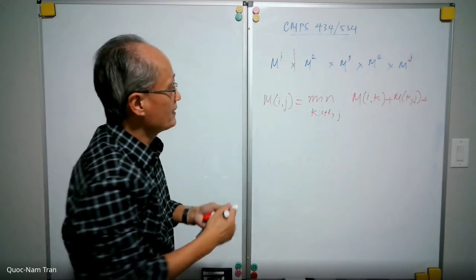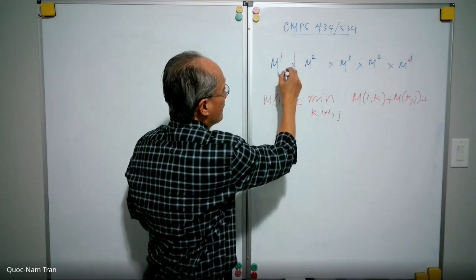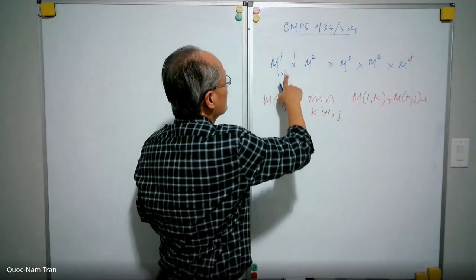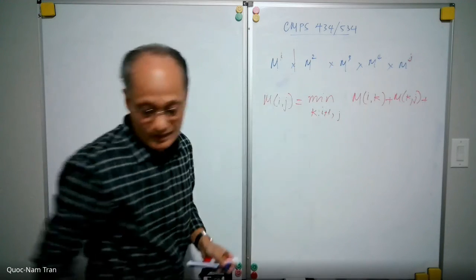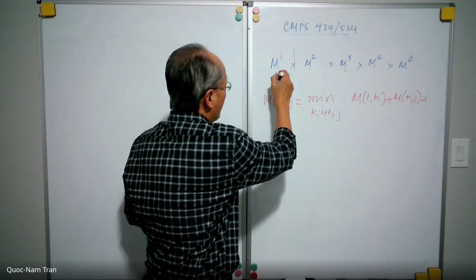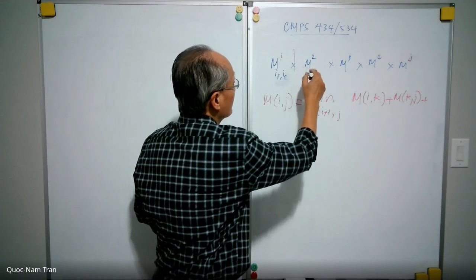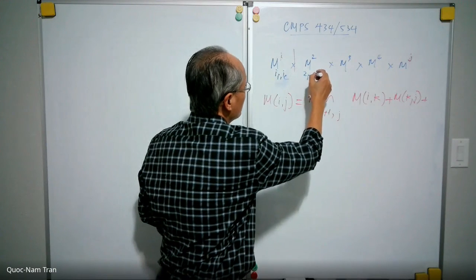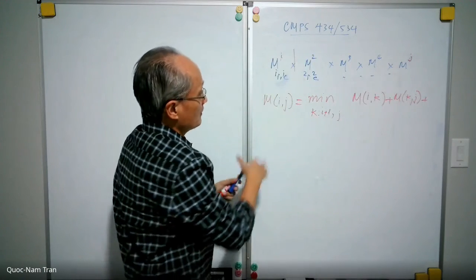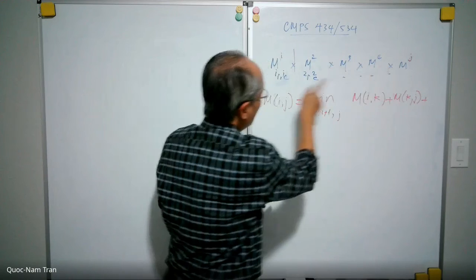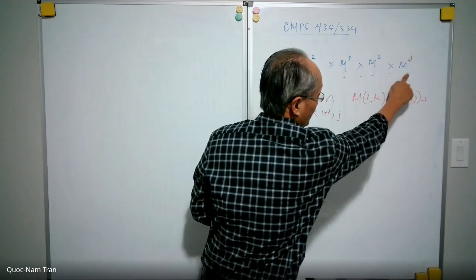So the cost will be, say here, if we rename it a little bit, row i, column i, 2 rows, 2 columns, etc. The cost for multiplying this one with this one will be the row times the column times the column of the last.